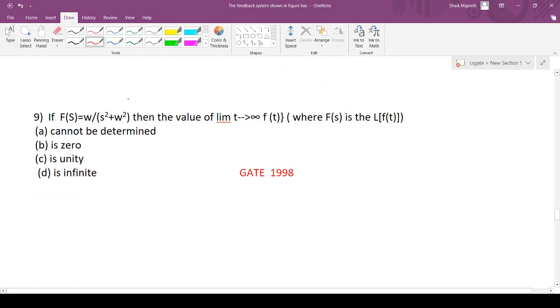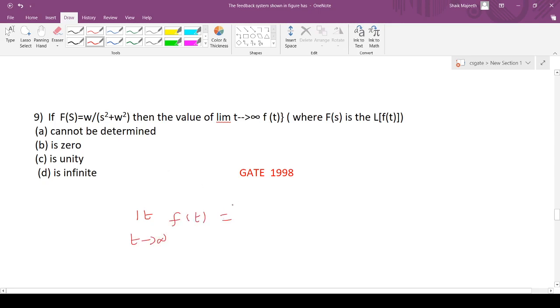Next question is, if F of s is equal to omega by (s squared plus omega squared), then find the value of limit t tends to infinity f of t, where F of s is the Laplace transform of f of t. So what is the thing? They are asking limit t tends to infinity f of t.